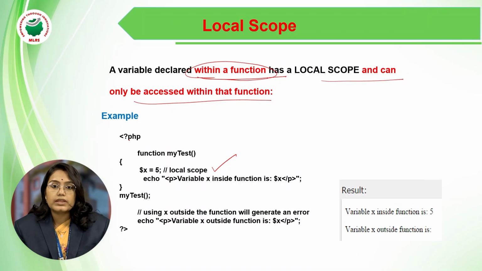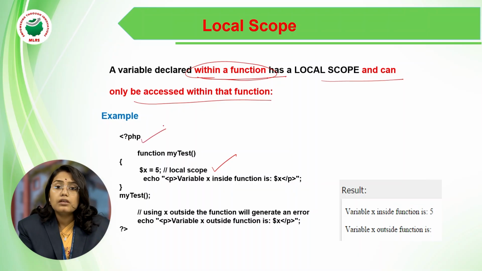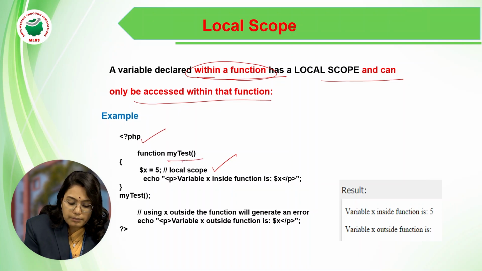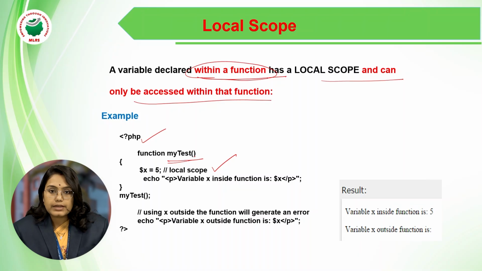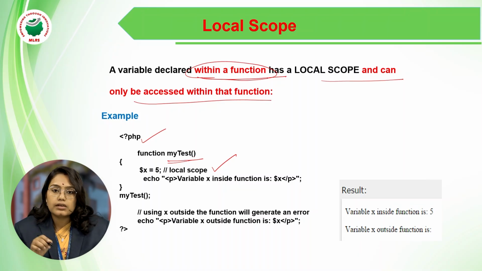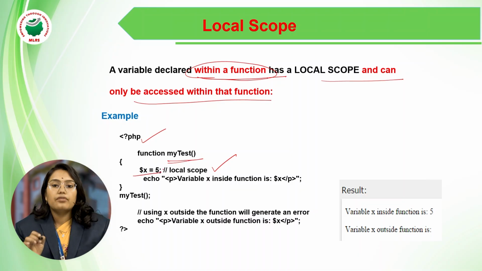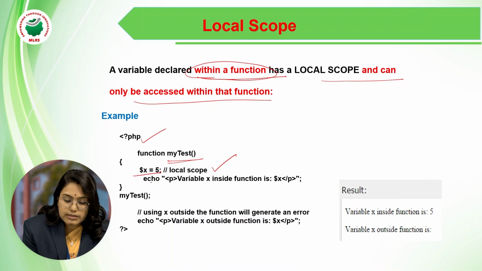Let's see with an example. After opening PHP, we are creating a function with the name myTest. We have opened the function. Within that function, we are declaring a variable: $x = 5.